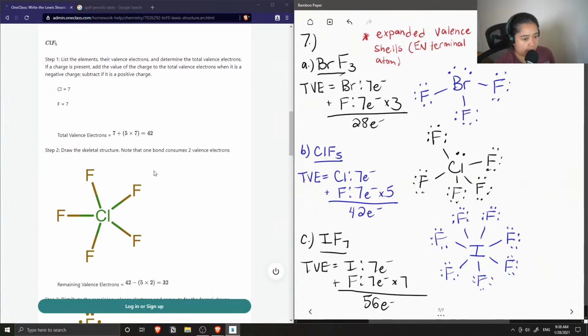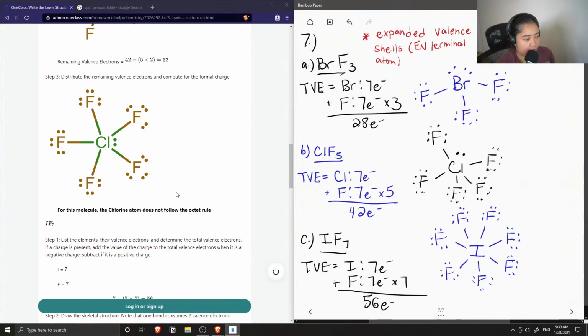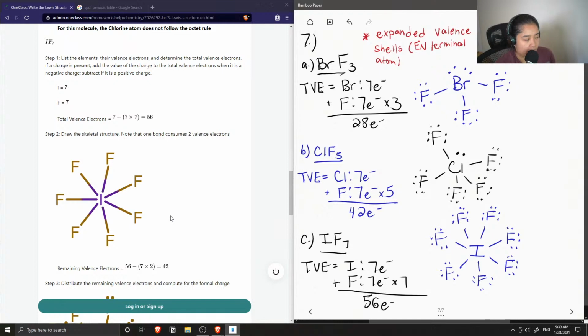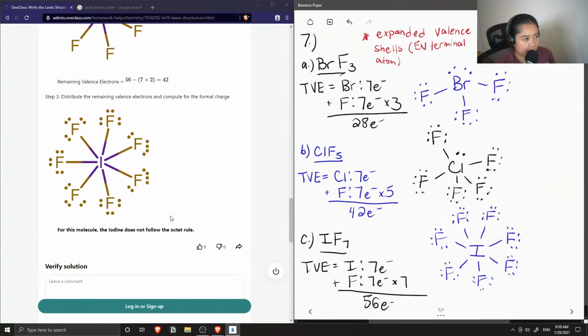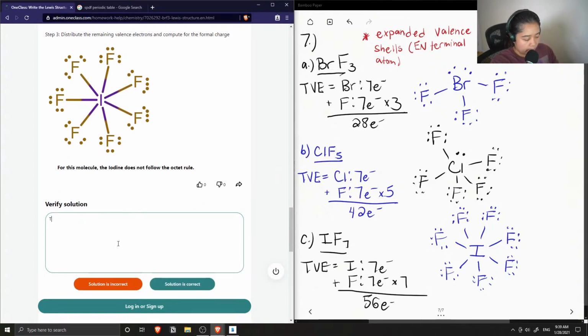For the second structure, they had 42 valence electrons and the extra lone pair on the chlorine. And for the last structure, we just have iodine with the 7 bonds to fluorine. Well, it already contains all the electrons that we need, and it also does not follow the octet rule. So this solution is correct.